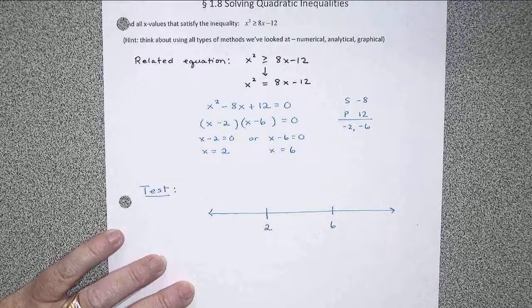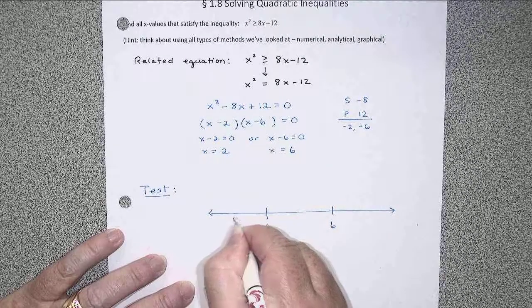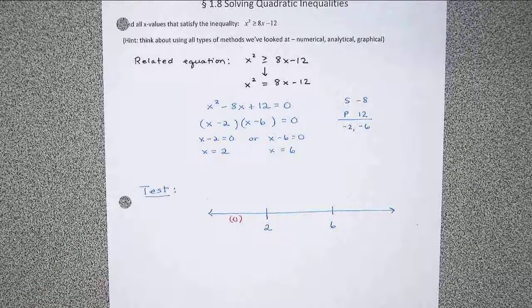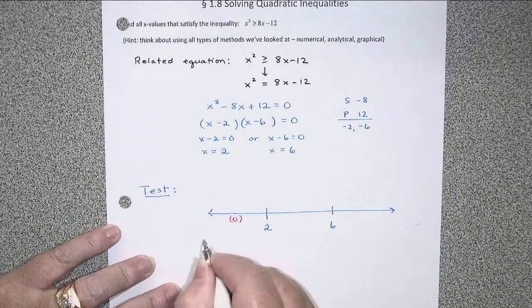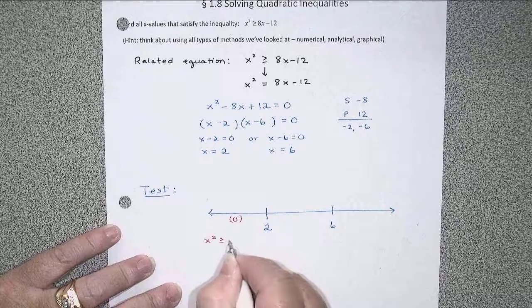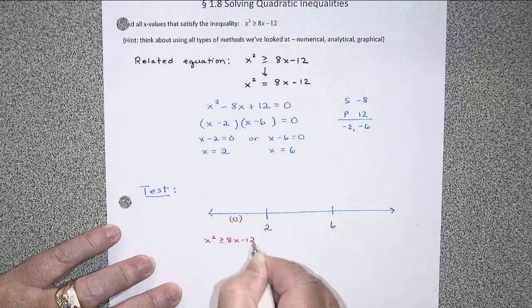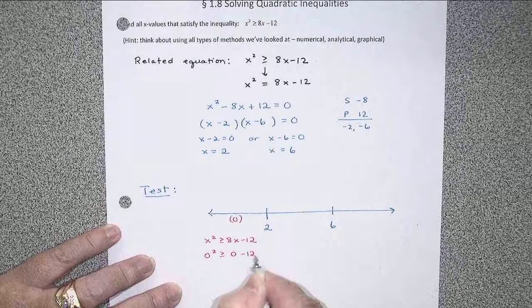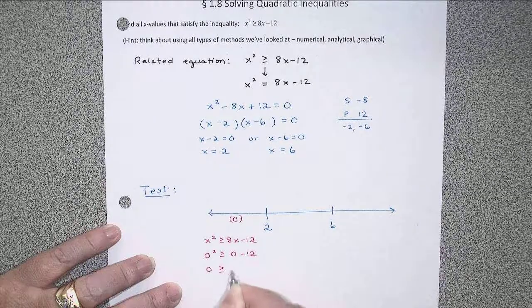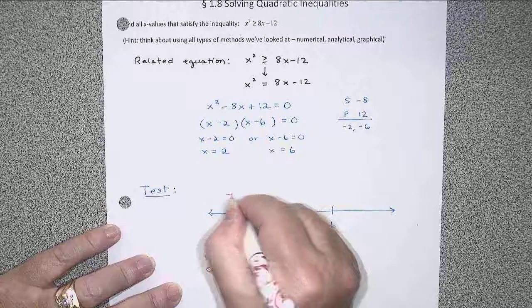So for example, what if we were to test x equals 0? Is our inequality true at x equals 0? Well, let's see. If I were to plug in 0, I would get 0 is greater than or equal to negative 12. And that certainly is true.